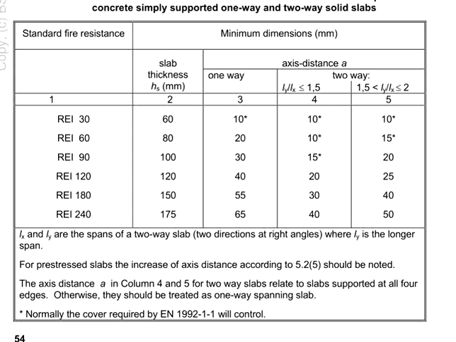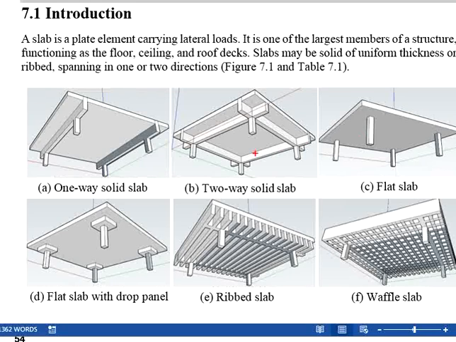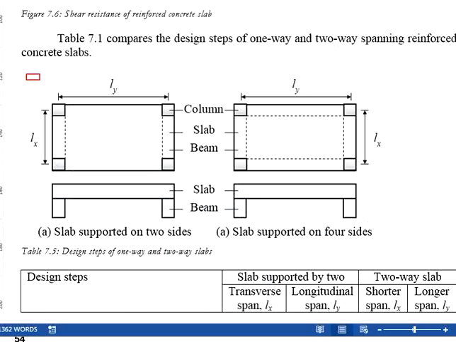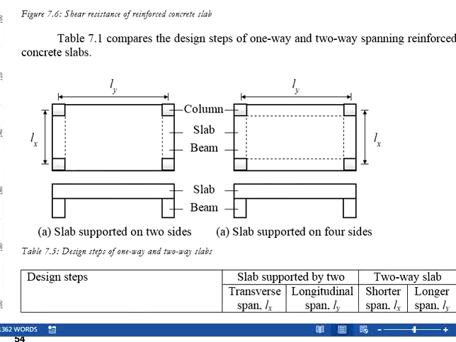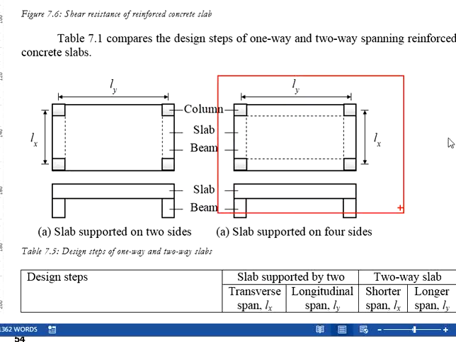There are 2 circumstances where a slab can be one-way. First is due to the arrangement of the beams. When a slab is supported by beams only on 2 sides, it will be a one-way slab as presented here. There is another type of slab where you have beams on all 4 sides as represented here.